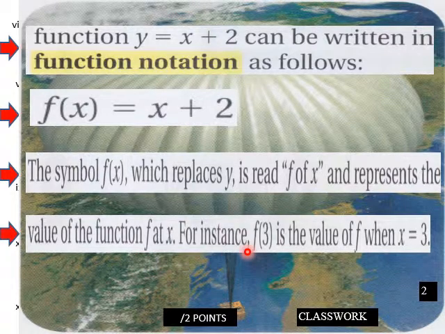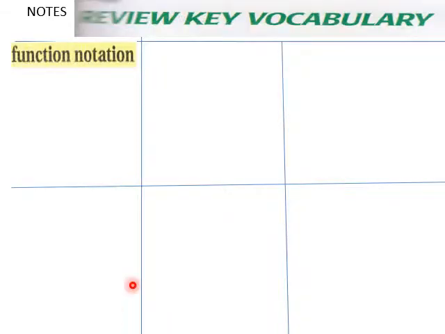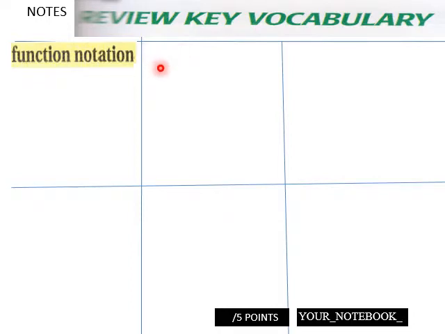For example, f of 3 is the value of f when x equals 3. So when you plug in 3 here, you'll find f of 3 equals 3 plus 2. Okay, students, in your own words, define function notation in your notebook. This is page 3 of 8 points.